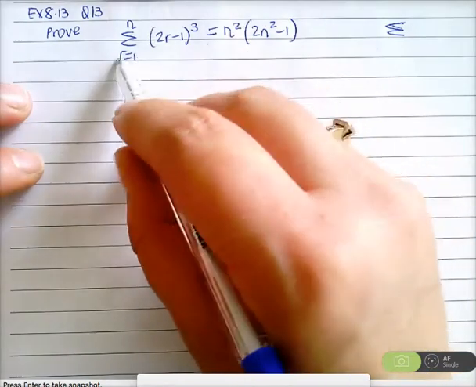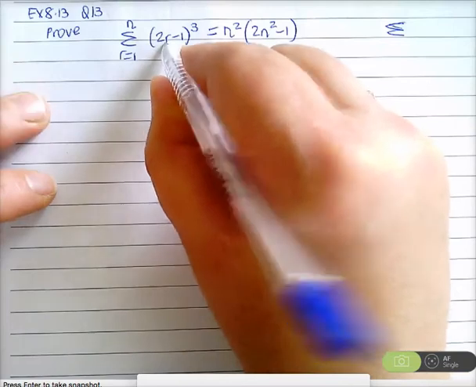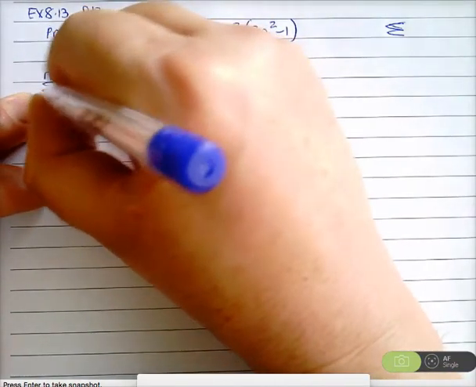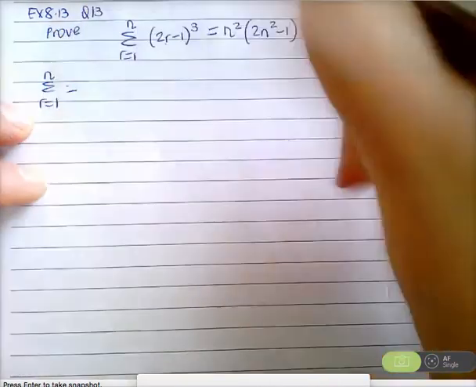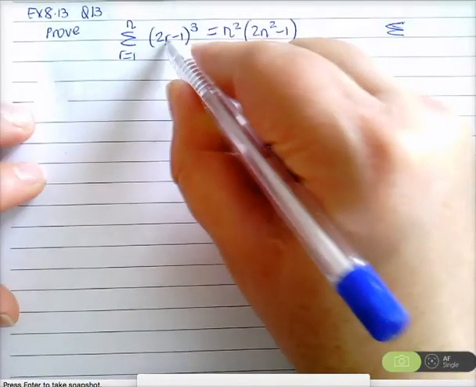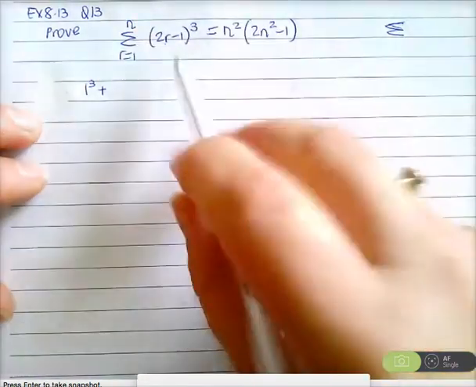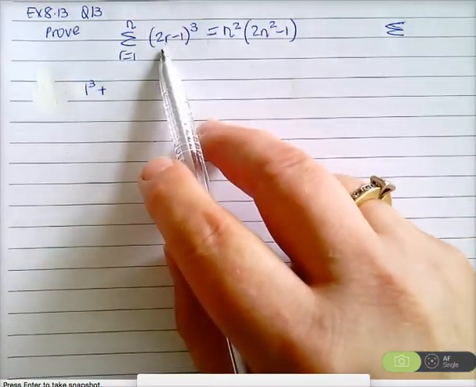So what we'll do, we're going to substitute r is 1 into this expression to get our first term. So we're trying to prove that, which is the same as proving the following. 2 times 1 is 2 minus 1 is 1. So we're trying to prove that 1 cubed plus, what do I substitute next for my value of r?